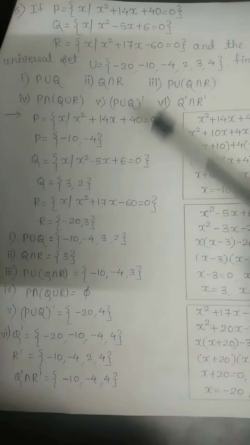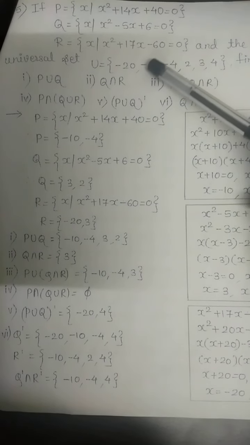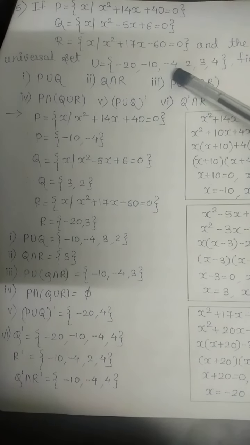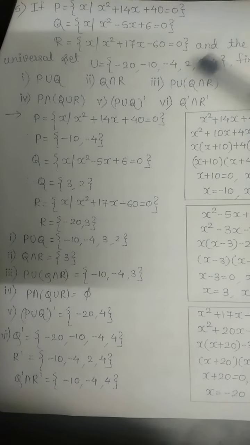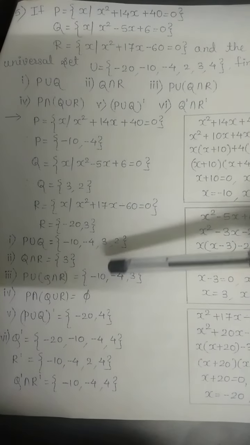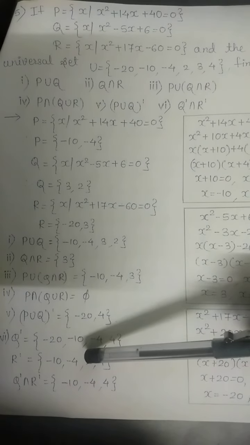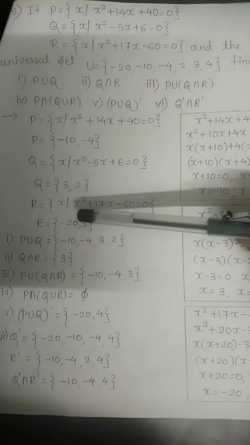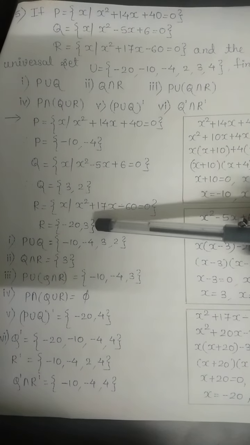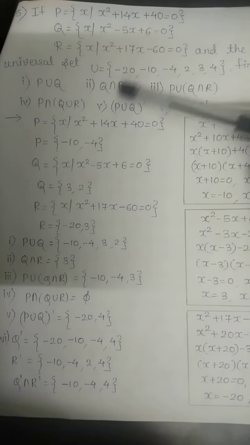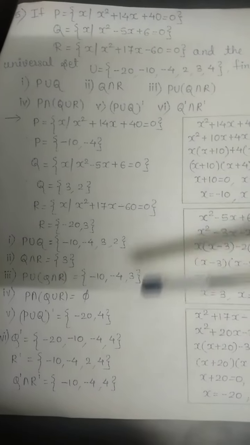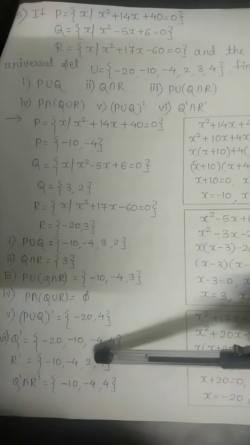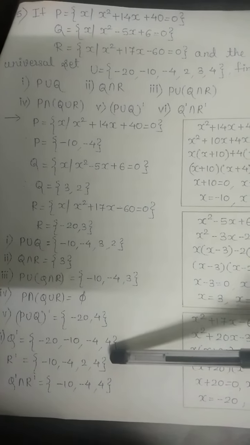So Q complement will be -20, -10, -4 and 4, because 2 and 3 we will remove as they are present in Q. Now for R complement, the elements of R, that is -20 and 3, we will remove from the universal set. So we have -10, -4, 2, 4.